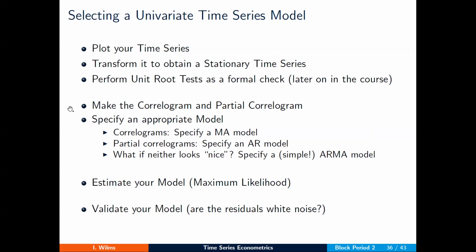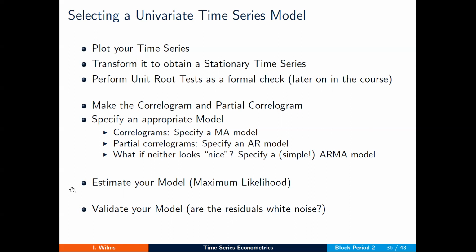And so you can continue by making the correlogram and partial correlogram, since these are useful tools to specify an appropriate time series model. The correlogram can be used to specify an appropriate moving average model, the partial correlogram to specify an AR model. And when neither look nice, in the sense that they implode after a low lag order, then you can resort to ARMA models.